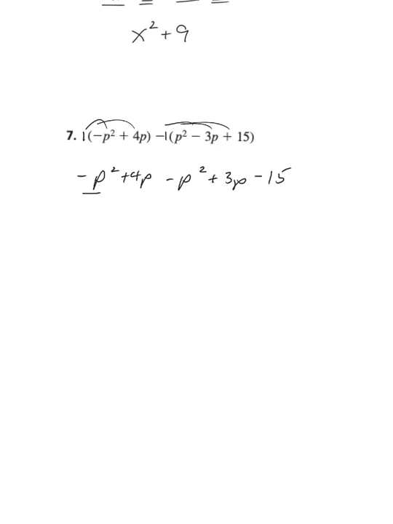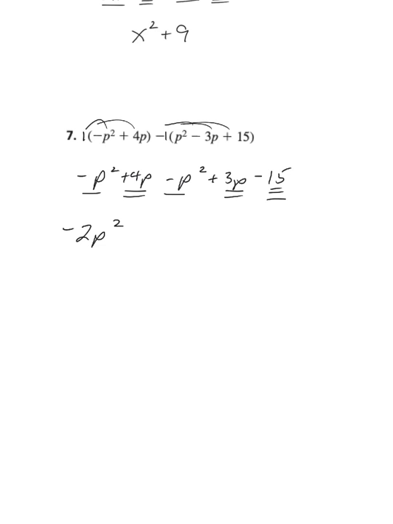So let's collect all the p squared terms, and then we'll collect all the p's, and then the constant term. So minus p squared and another minus p squared for minus 2p squared.